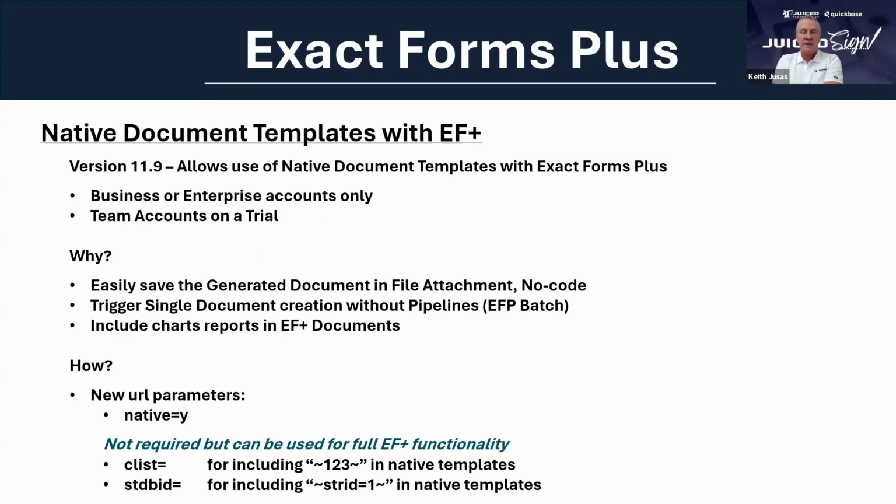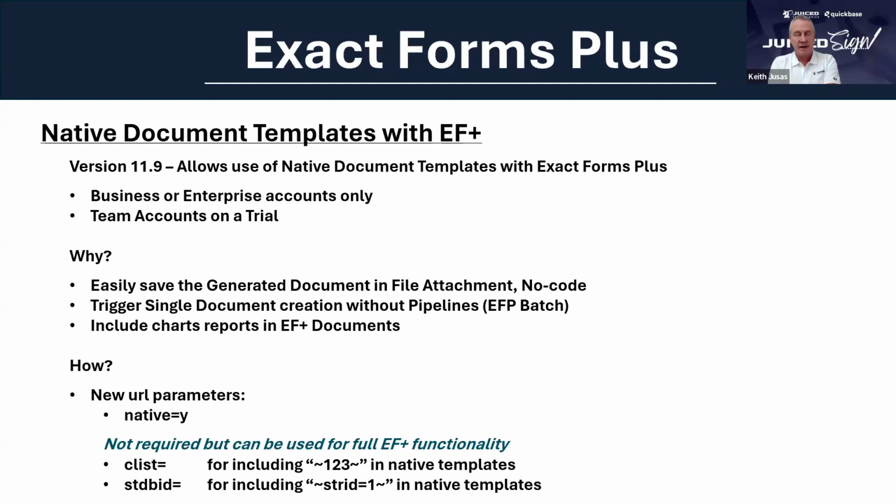Just to go back one slide, so we said why. It's very simple to take an existing Exact Forms Plus URL field and make it use a document template. We use some of the same parameters that the native templates use. You're going to add a new one called native equals yes. That's going to tell Exact Forms Plus the TPID that's set on that URL field.